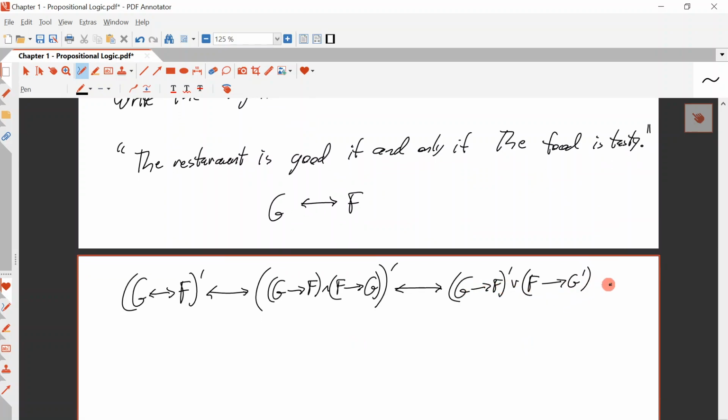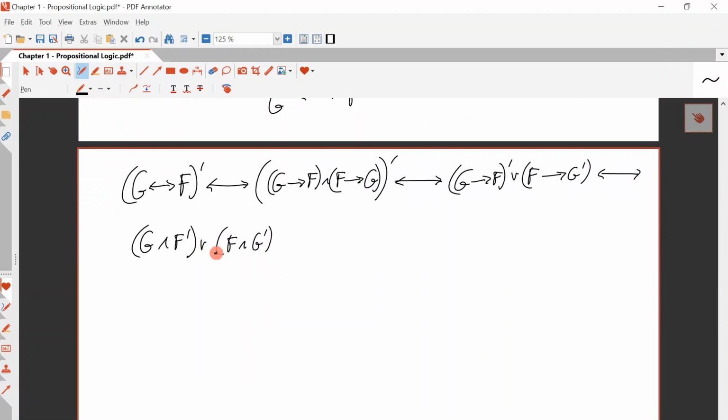And to negate an implication, we've seen it a few times already, G implies F negated is G and not F, or F and not G.